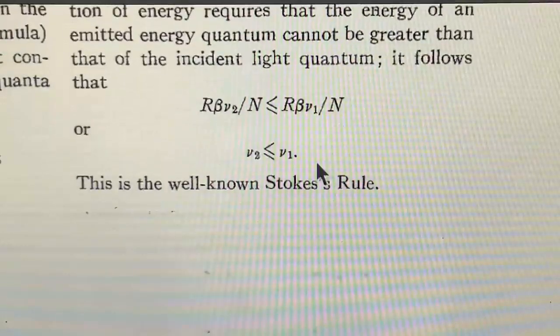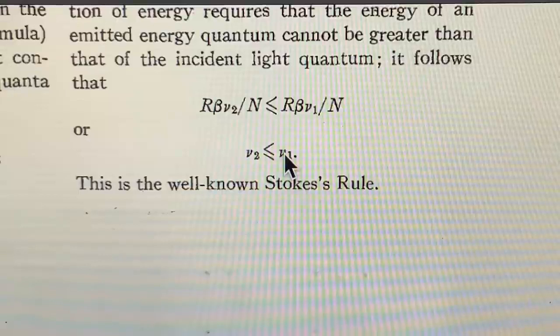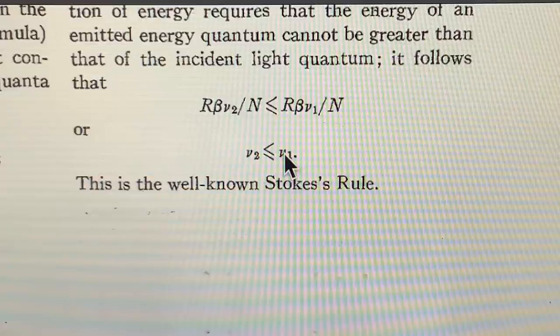If nu1 is the original frequency of light, and we consider that it consists of energy quanta h nu1, which is absorbed, then maybe part of it is dissipated in this way or that way, and the remaining is emitted by the material as radiation of frequency nu2. The energy quantum h nu2 must be smaller than h nu1, that is conservation of energy.